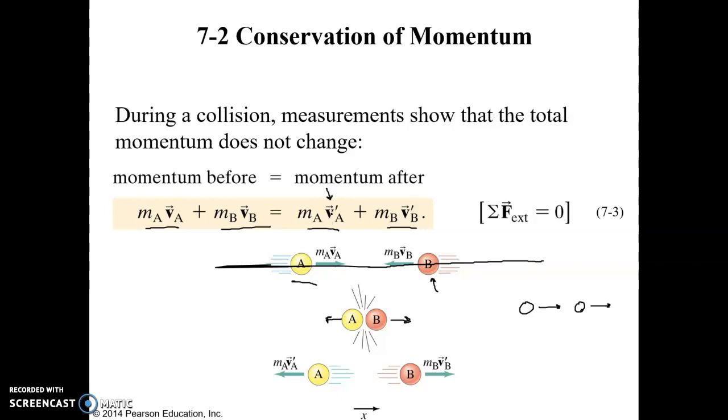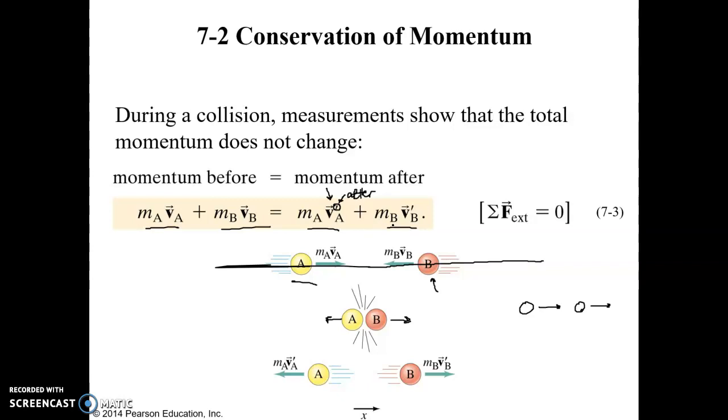And so here we have v prime. When we use that little apostrophe symbol there, we call that v prime sub A, and that's used to show that it is after the collision or the event being studied.